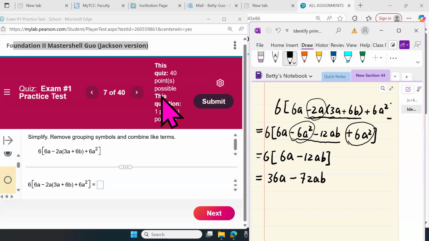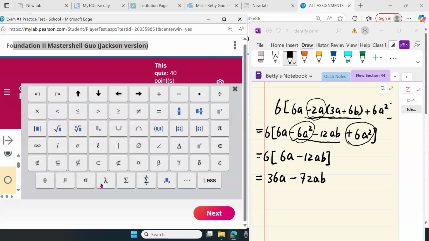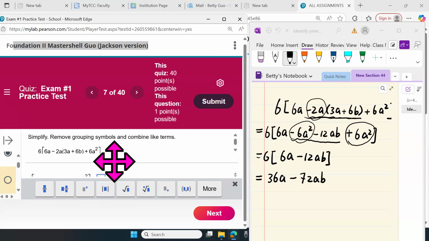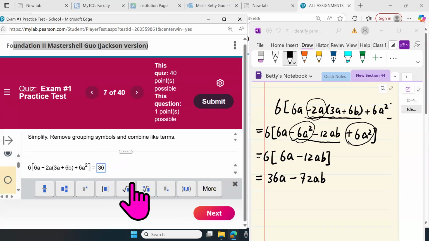We're going to enter the result right here. 36a minus 72ab. Next.